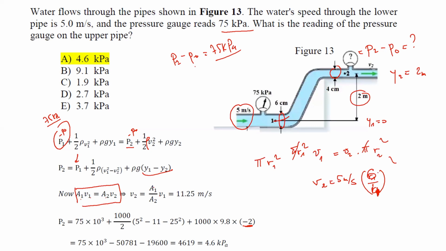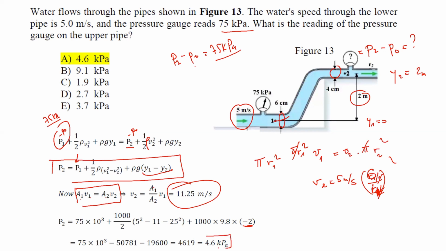Sorry, half of them, because I'm talking about the radius, but it doesn't matter, because it will be 6 divided by 2, 4 divided by 2. Here I gave you the diameters, so of course the half will go away. And it will give you V2 is 11.25 meters per second. You know everything, and you plug it in your Bernoulli equation, and you will get P2.